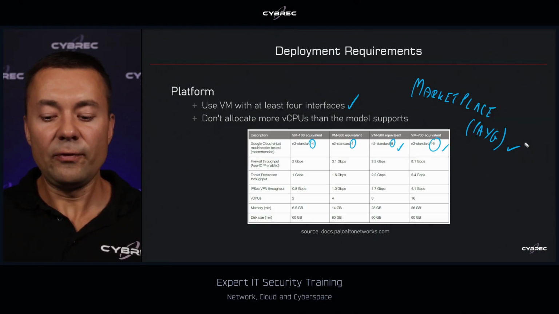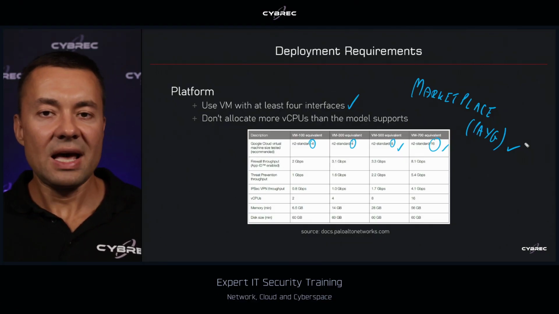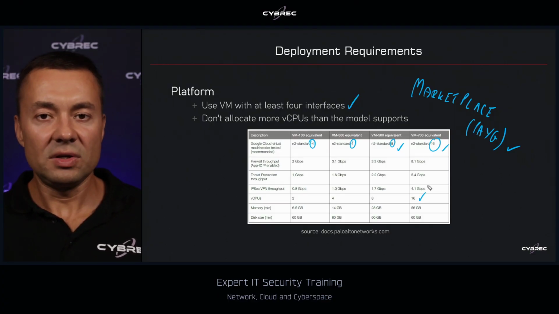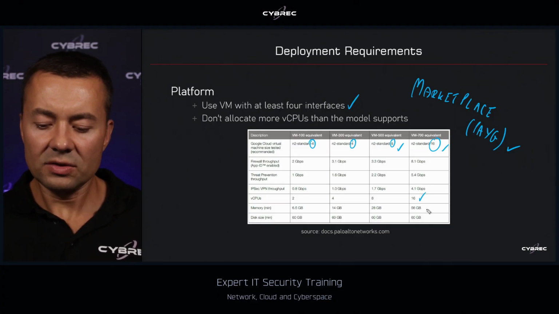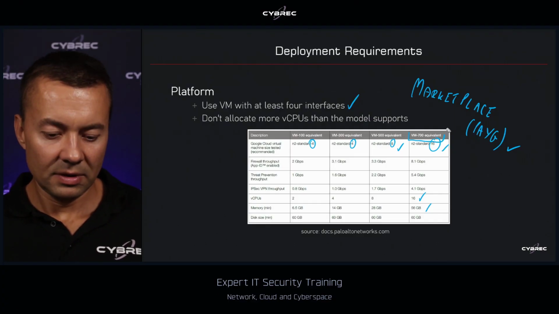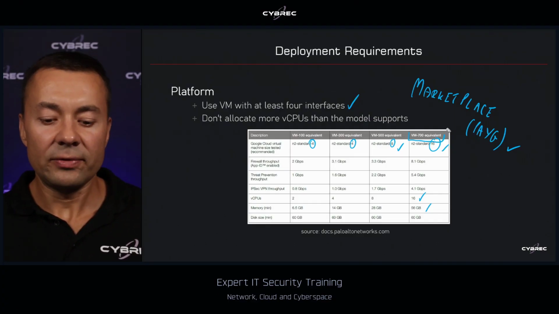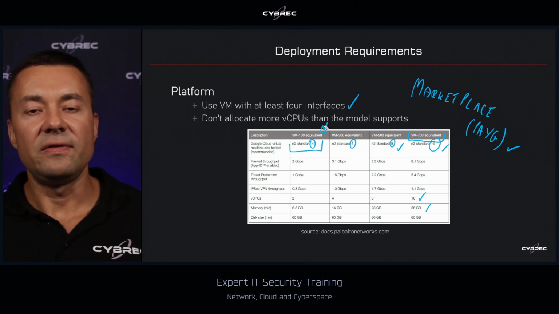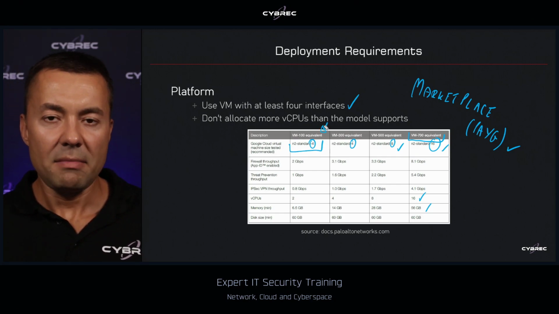So if we go for N2-standard-16, it is going to figure out that it has a lot of CPUs and a lot of memory, so it's going to deploy VM700. If we go for N2-standard-4, this one here, it is going to install the VM100 model.